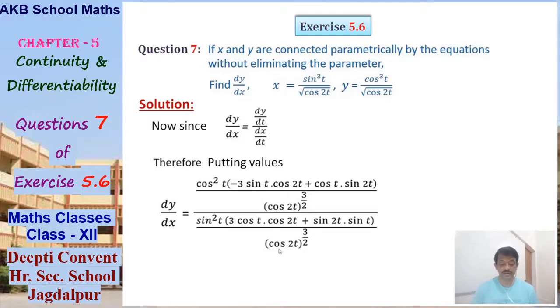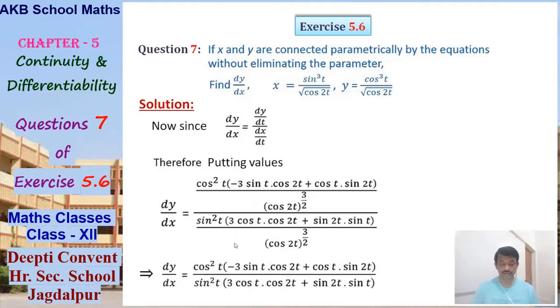Clear? Now cos 2t to the power 3 by 2 in the denominator of both cancels out. Here we get cos²t times minus 3 sin t cos 2t plus cos t sin 2t. Similarly sin²t, cos² by sin² as it is, we write the value here.